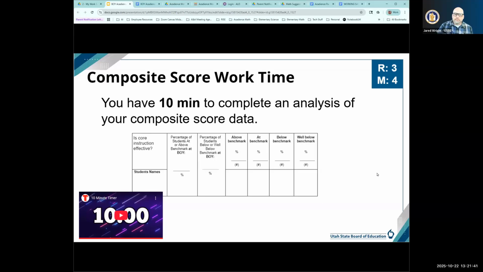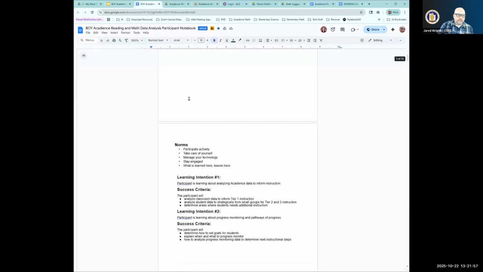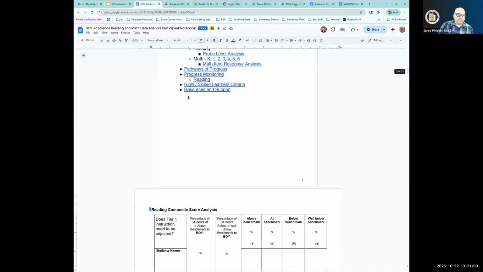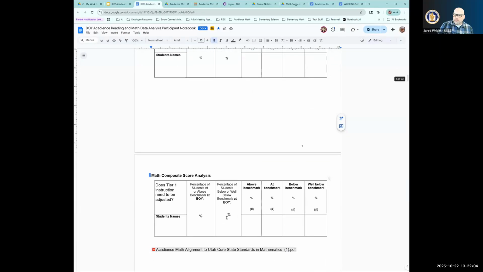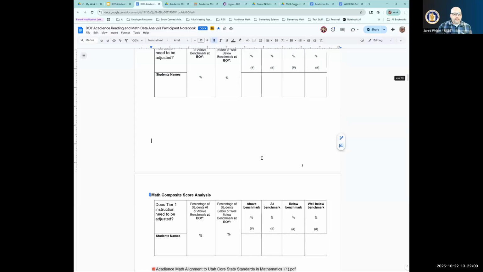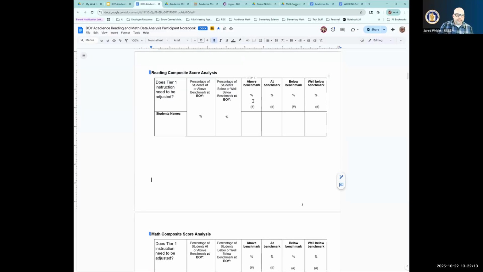Excellent. So in your participant notebook, on page 3 for reading, page 4 for math, are the tables that you can use. There's some information there, and then you just have the composite score analysis. So we'd like to take about 10 minutes, and you can select math or reading, however you want to do that for the data.